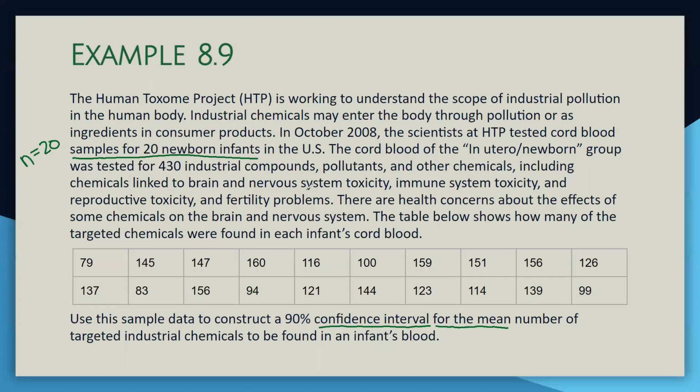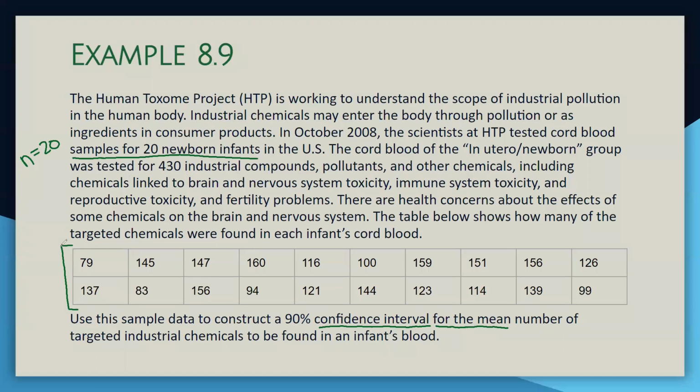That's not actually any number we need for our confidence interval. It's just telling us how many compounds that they looked for. What we're actually interested in is this data table down here, which is how many of those 430 compounds were found in each of the infant's blood.